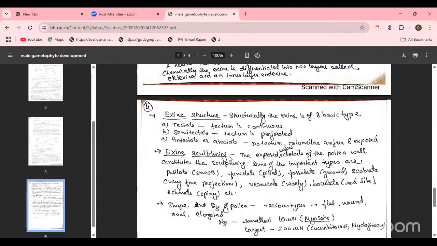Exine sculpturing: the exposed surface details of the pollen vary in continuity. Some of the important types are there.